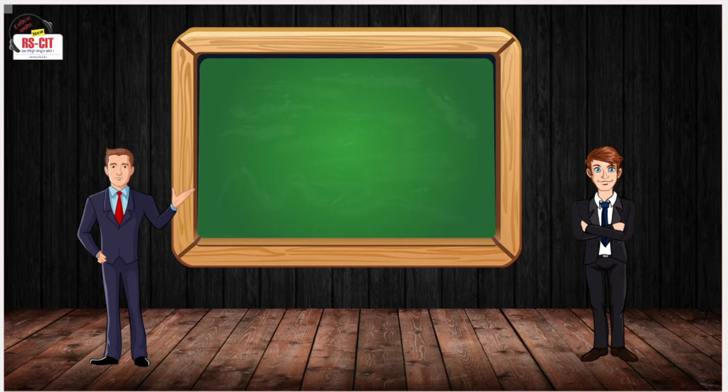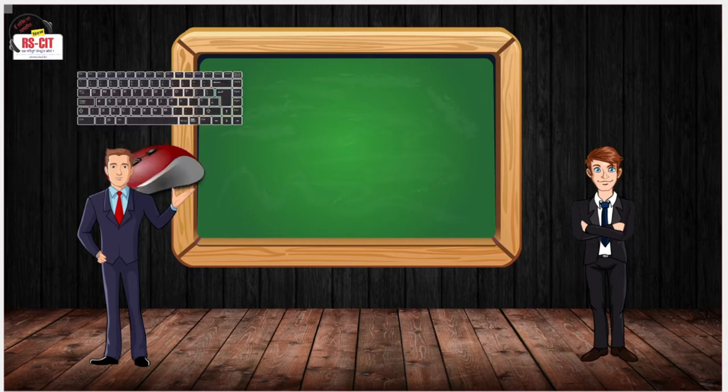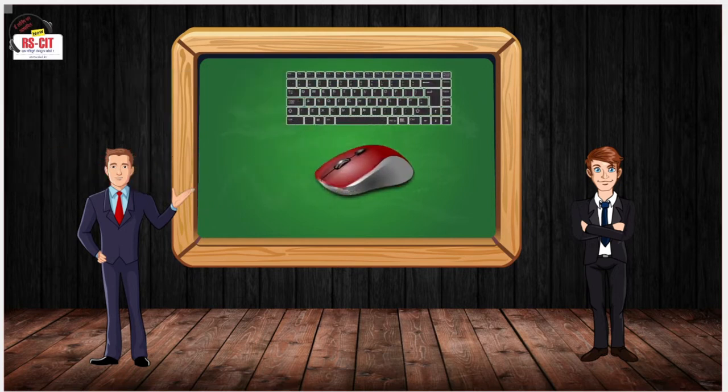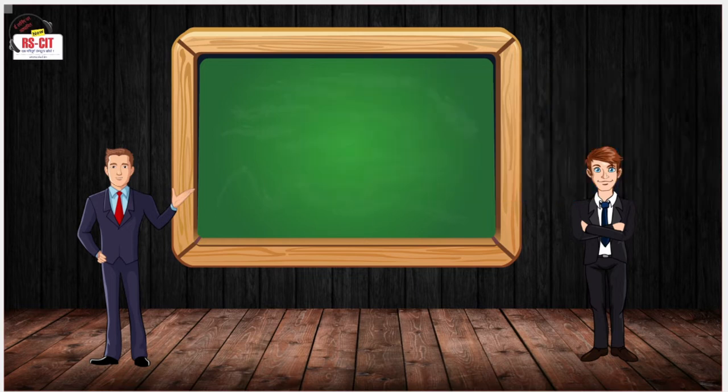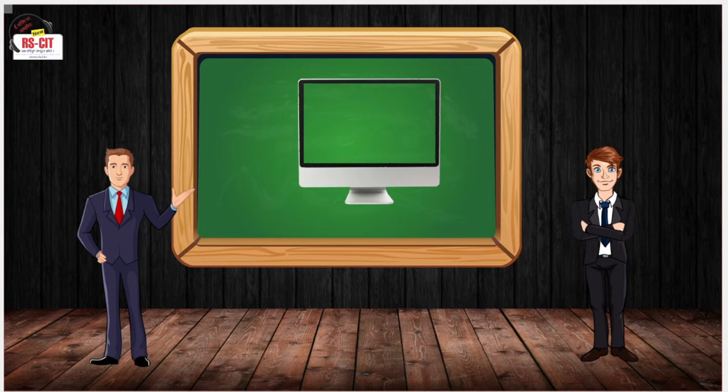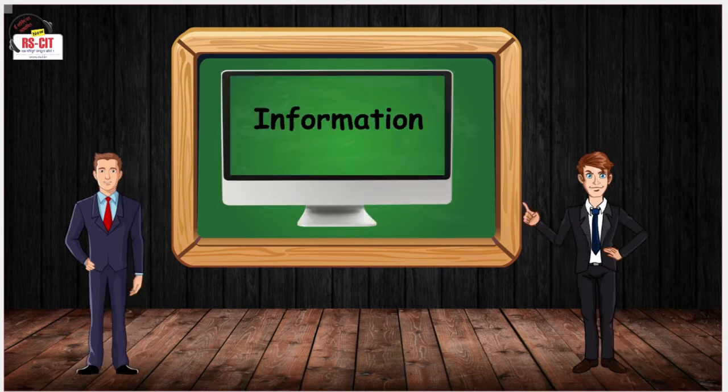Data is entered in the computer using an input device like a keyboard and is stored in the computer's memory. It is then processed as per the given set of instructions in some context. The result is displayed on an output device such as a monitor. So Ramesh, can we say that anything visible on the computer screen is information?